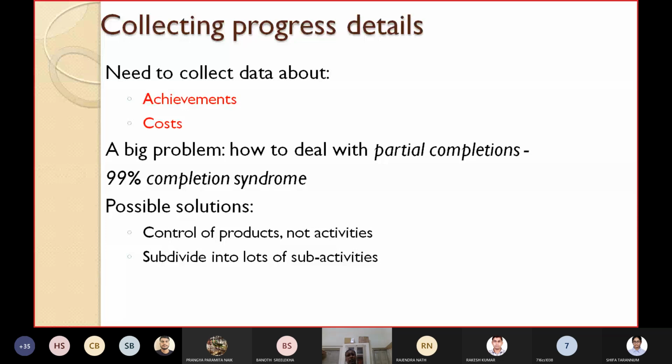For example, the first successful compilation of a program. After compiling, you still have to give input and then it will generate the output. But the first successful compilation of a C or C++ program is an intermediate step, and that can also be used. If your first version has compiled successfully, one milestone is achieved.